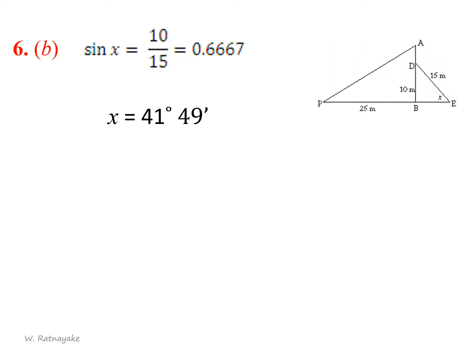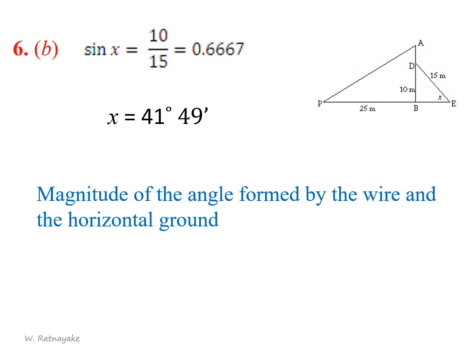So this is the value of the angle which is indicated by x. So we can write the answer as: the magnitude of the angle formed by the wire and the horizontal ground equals 41 degrees and 49 minutes. So this is the answer for the second part.